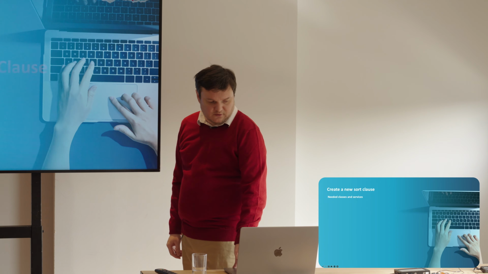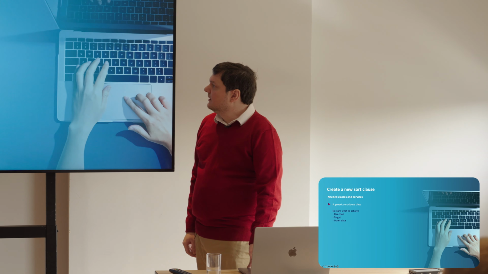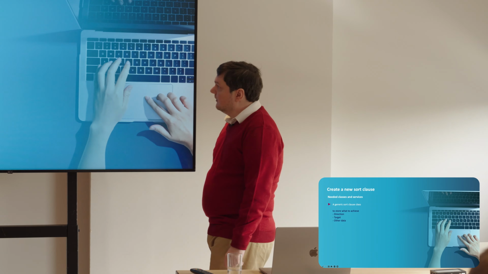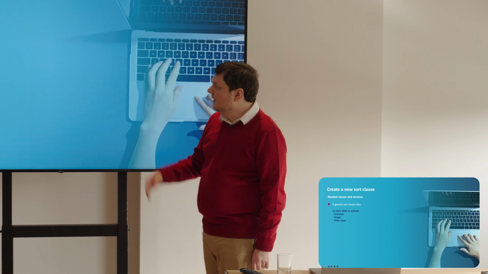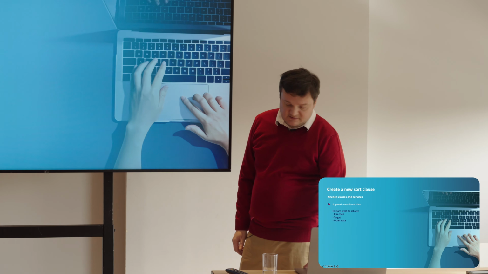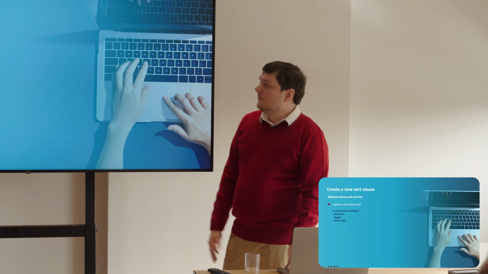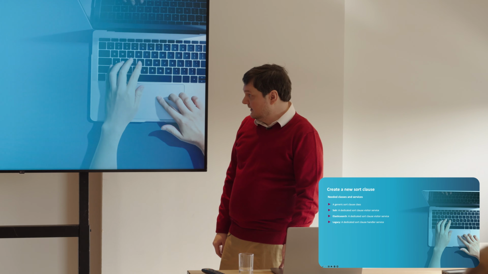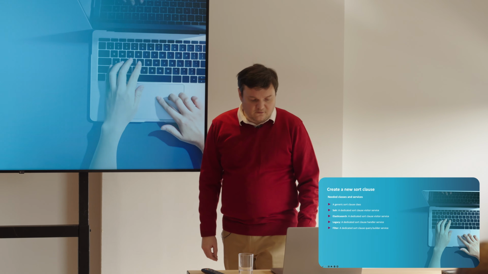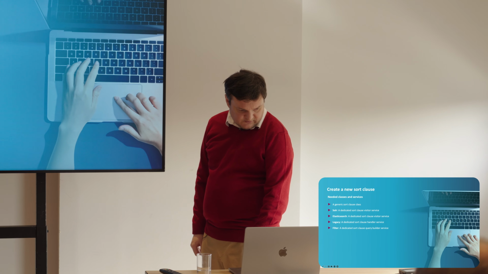Now, let's go to the customization of a sort clause. It will be quick because it's almost the same. You have a class, not depending on the search engine, to store the data for what you want to achieve with this sort clause, and then you have to decline it for each search engine.